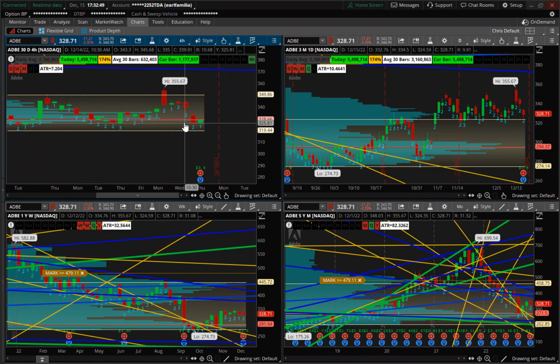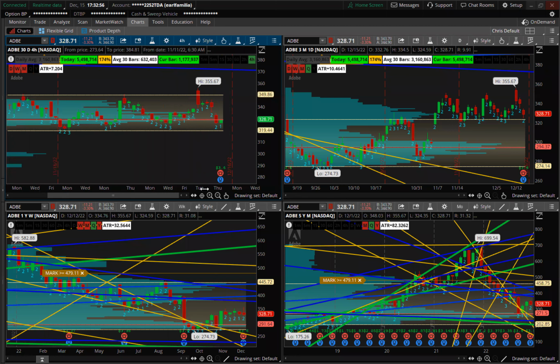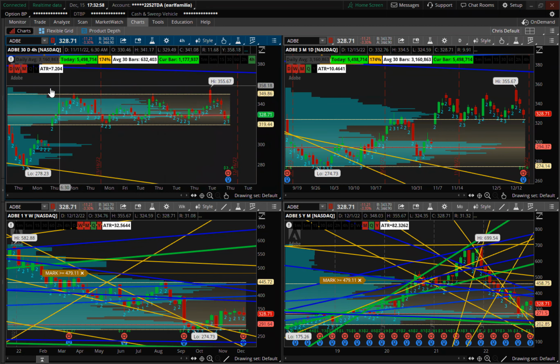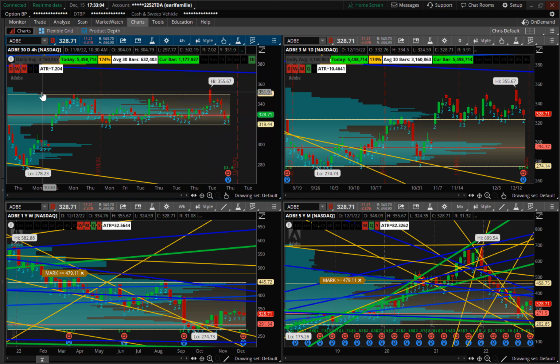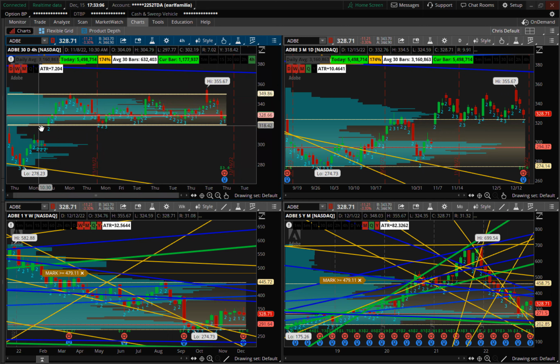So this one potentially can continue to the downside tomorrow. But if you look at it from a larger perspective, this is just a big chop range. I can put all of this in the range. If I were to create a box around that, price has just been trading within that area.